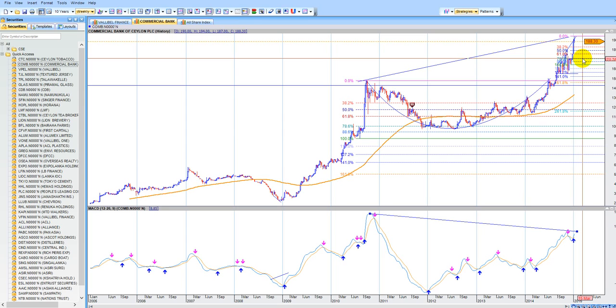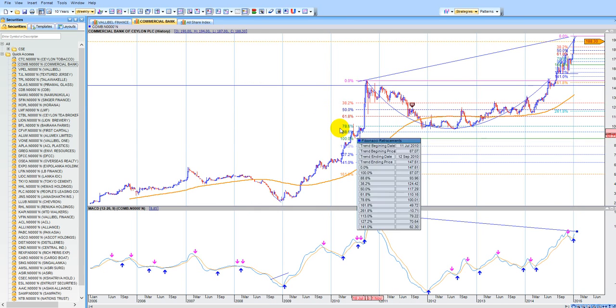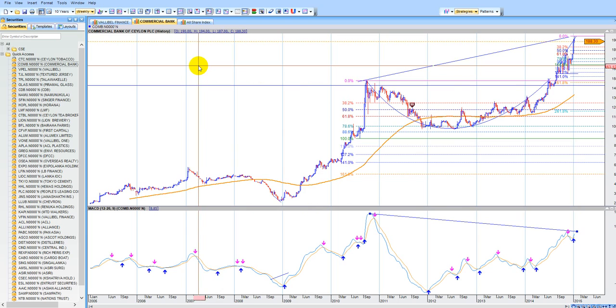So it's best that you try to invest with cash, not with your margin. So if you are to invest, be very careful to wait for a proper correction, a significant correction, before entering Commercial Bank. That's about it on this episode for Commercial Bank.